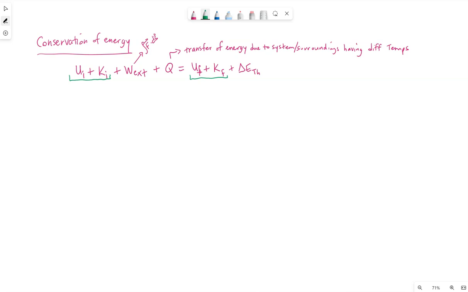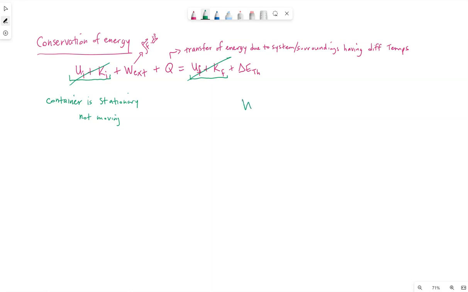For all intents and purposes, right now, we're going to go ahead and assume our container of gas is stationary. So it's not moving. It won't change height. It's not connected to a spring to oscillate. Under that assumption, the container as a whole will not have any potential energy or kinetic energy.